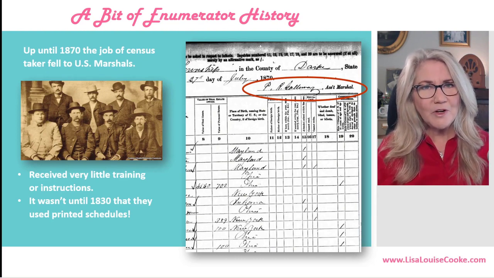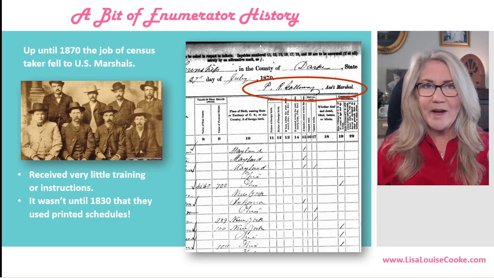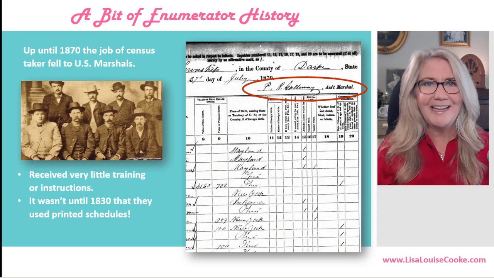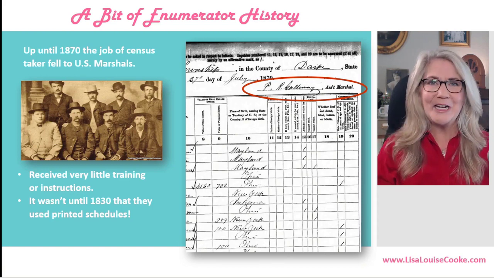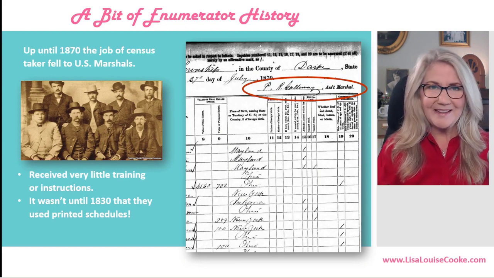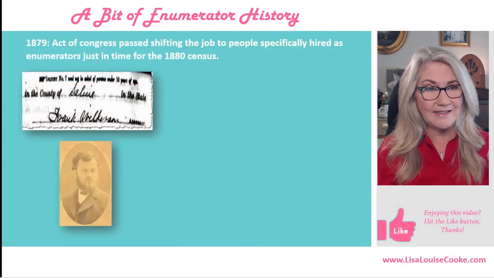So if you've ever felt frustrated looking at past censuses and thinking, where are my people? And people are just missing and this isn't right. Well, you know, you have to give these guys a little bit of a pass because they only had so much to work with. But the good news is in 1950, they really took this into account and really focused on accuracy and completeness.